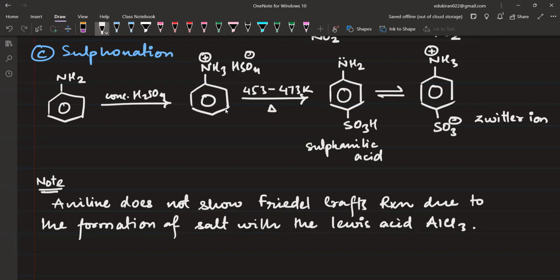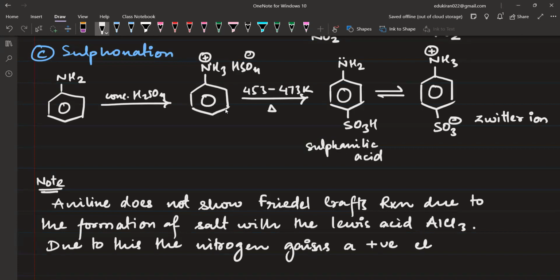Due to this, the nitrogen gains a positive charge and acts as a strong deactivating group.